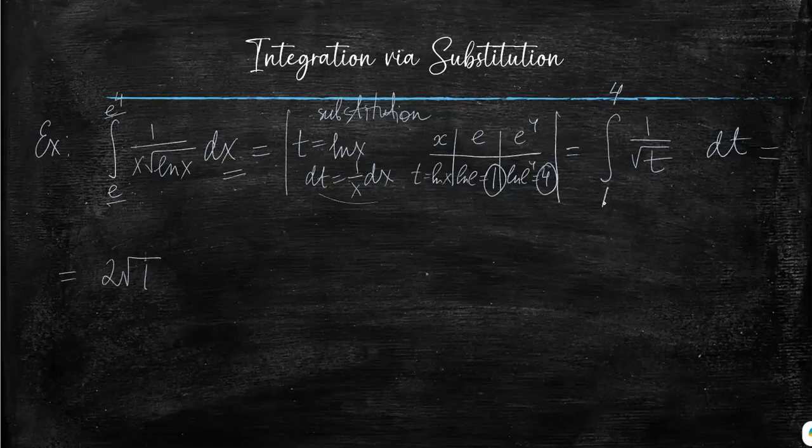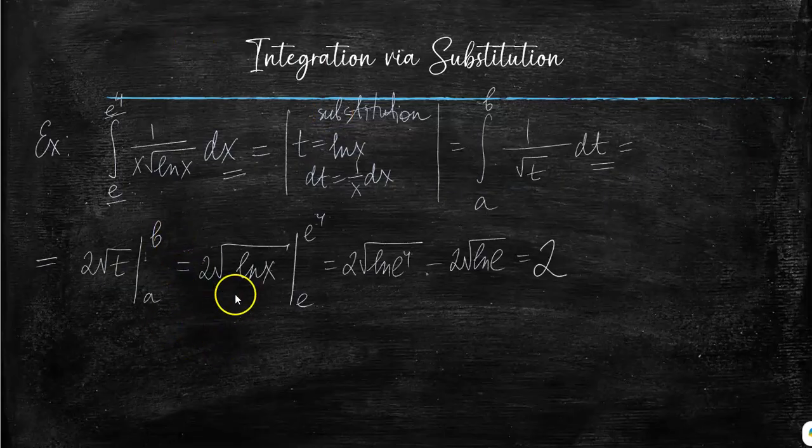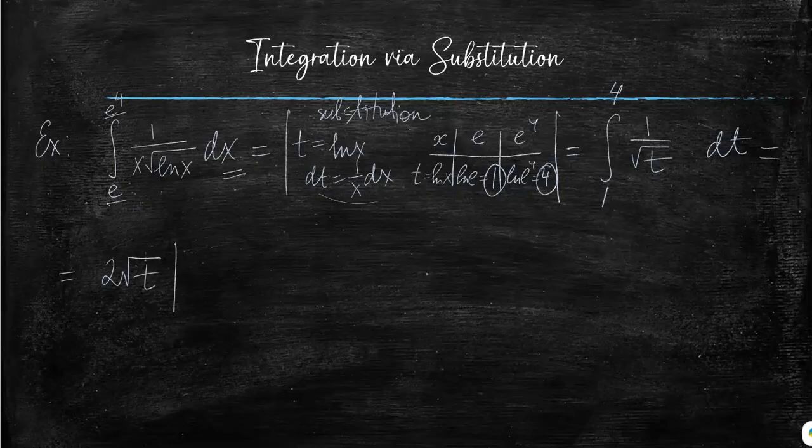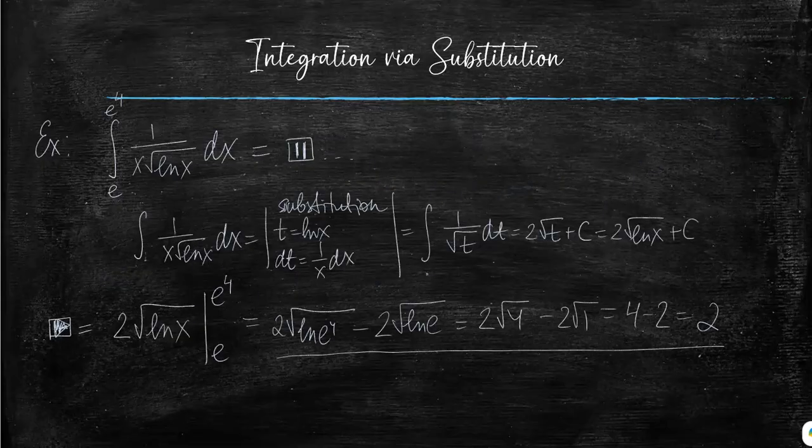We find the antiderivative, and now we apply the fundamental theorem of calculus. If in the past we could not do it until we plugged x back into the antiderivative, now we can do it because we have limits of integration with respect to t. So we finish the solution by doing this math, but you can see how we're literally jumping on the same track as before, except we're bypassing certain steps.